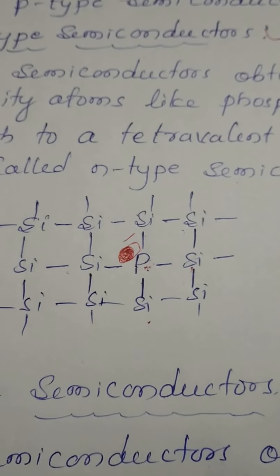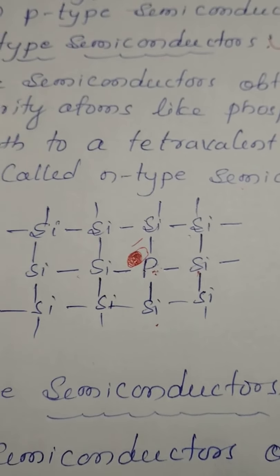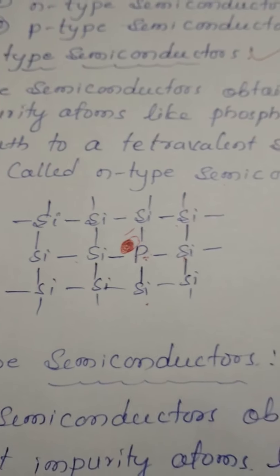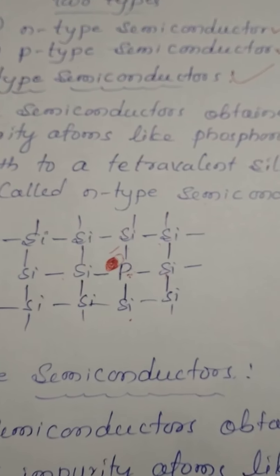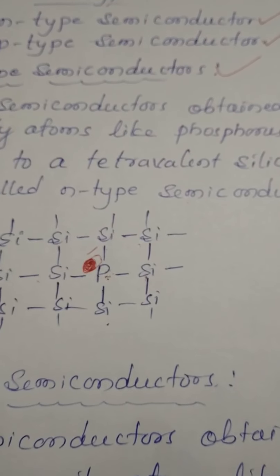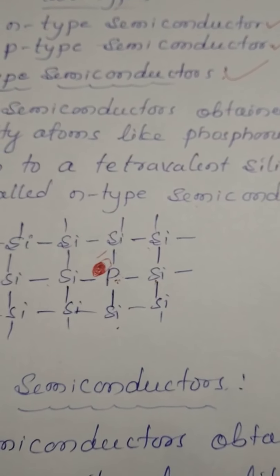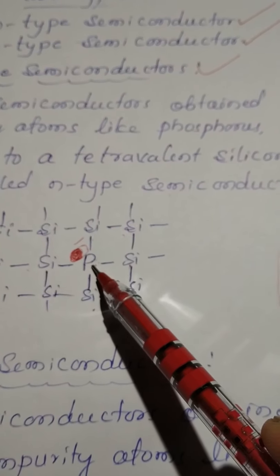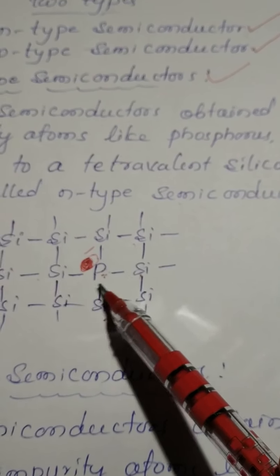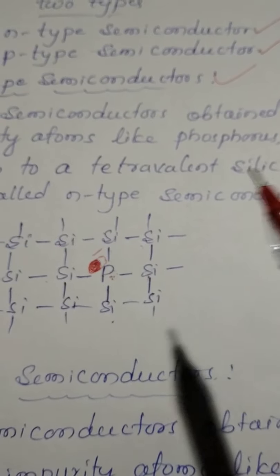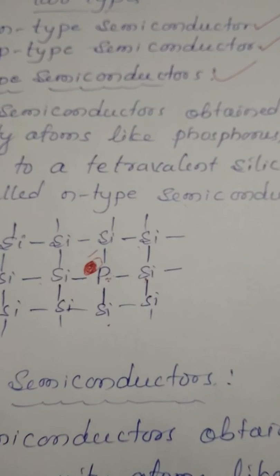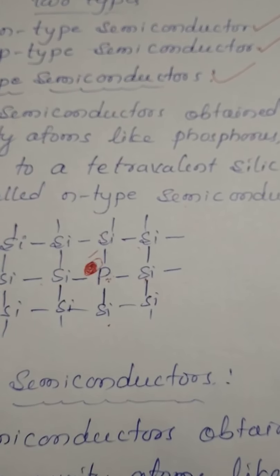It is responsible for the conduction in n-type semiconductor. Once again I will repeat this. When silicon is doped with phosphorus, silicon forms 4 covalent bonds with 4 electrons of the phosphorus.